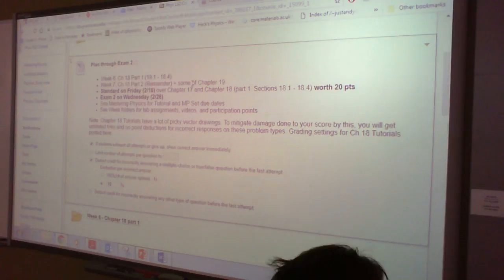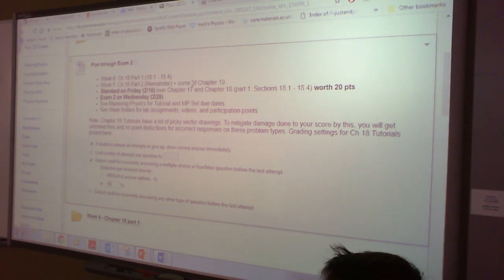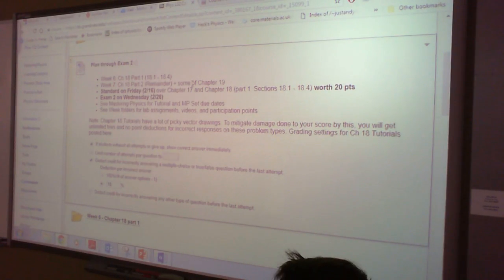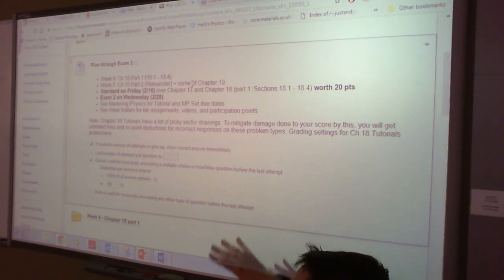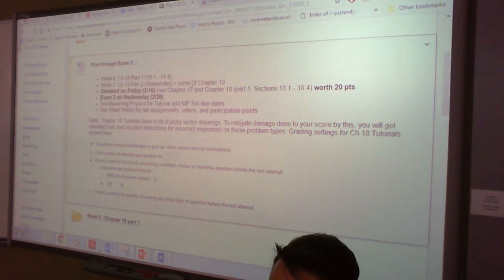Some people were able to satisfy the Mastering Physics gods, and others were still struggling with it. I also made it no deductions for any questions besides multiple choice. For multiple choice questions, you'll still get minus 10% each time you get it wrong, whereas you have unlimited attempts for these other types of problems, numerical problems or ray diagram problems.